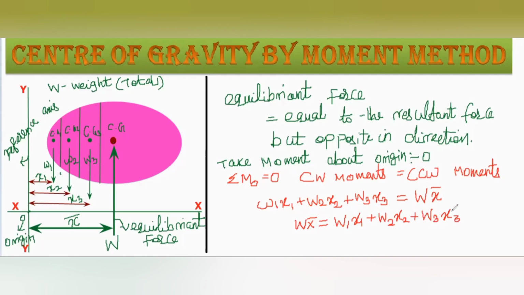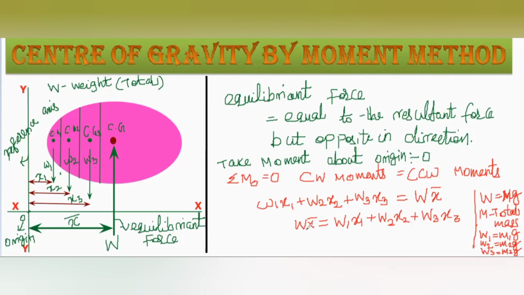Then we know that the weight W equals mg, or capital Mg, where M is the total mass. Same way W1 equals m1g, W2 equals m2g, W3 equals m3g.